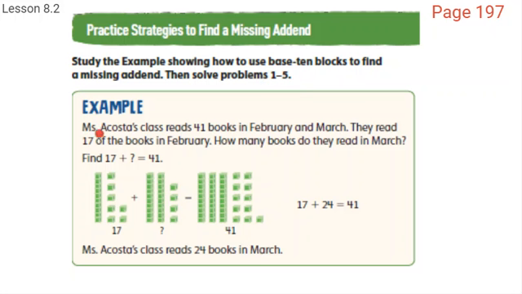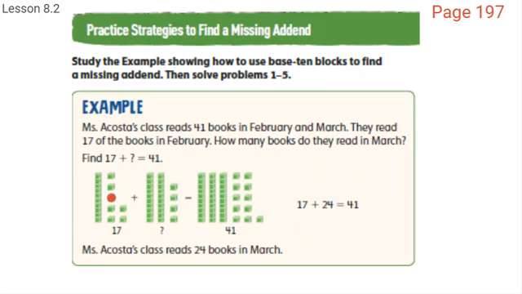So here's the example. Ms. Acosta's class reads 41 books in February and March. They read 17 of the books in February. How many books do they read in March? So it's find 17 plus something is equal to 41.